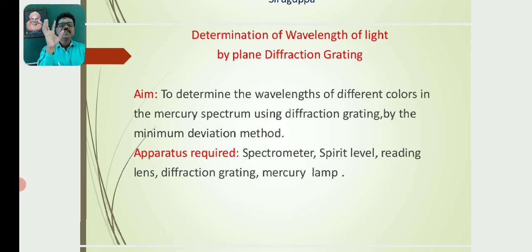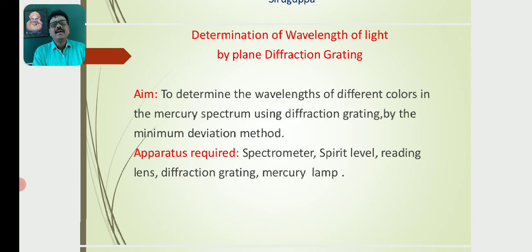Then what is the aim of the experiment? To determine the wavelengths of different colors in the mercury spectrum using a diffraction grating by the minimum deviation method.